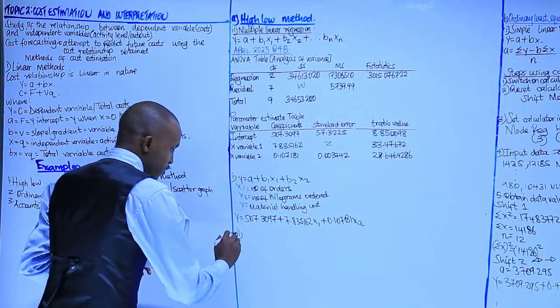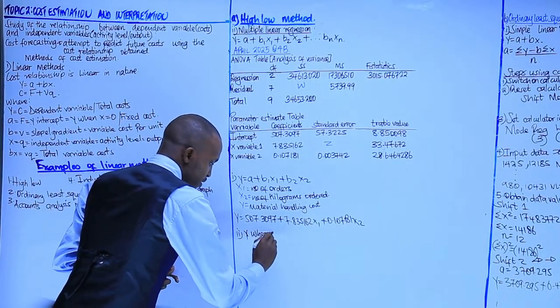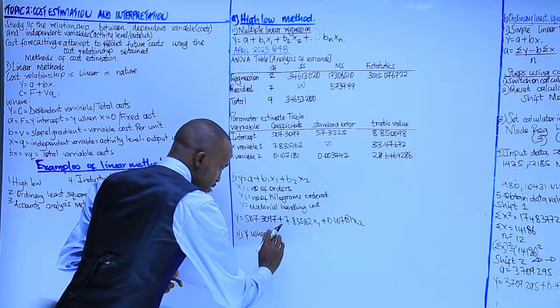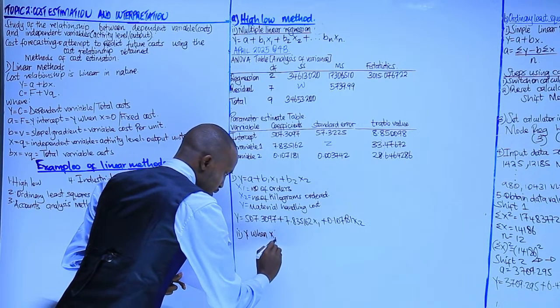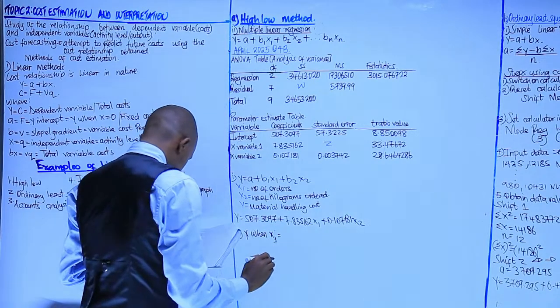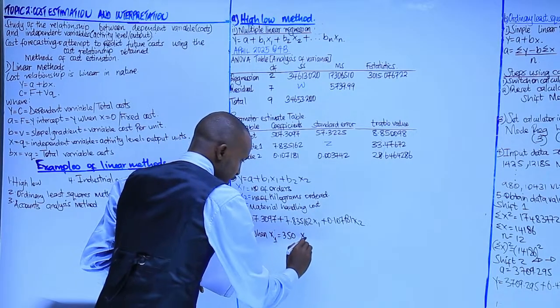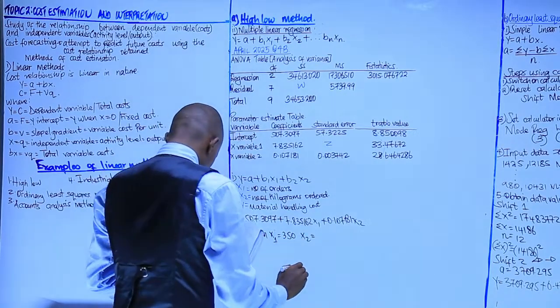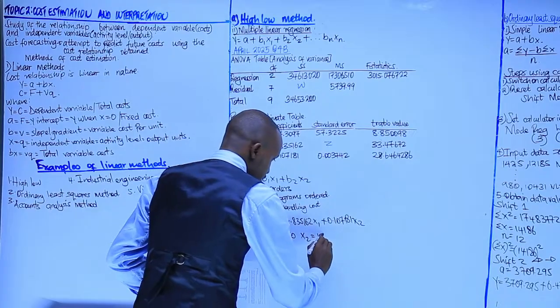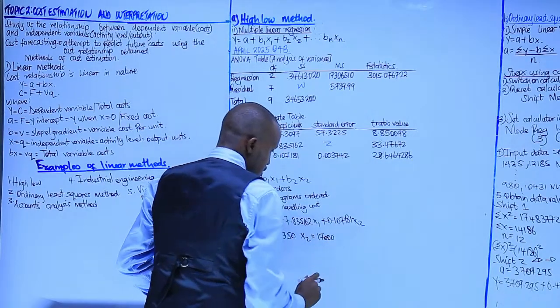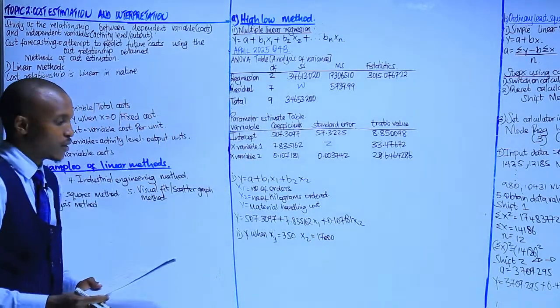So you're going to say Y when x1 is equal to 350 orders, and x2 is equal to 17,000.